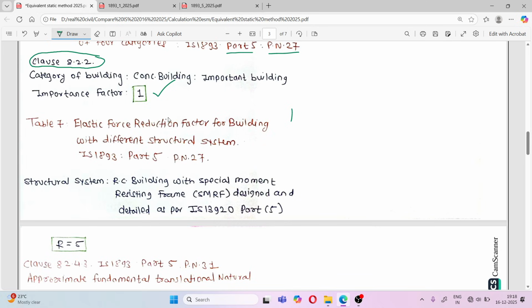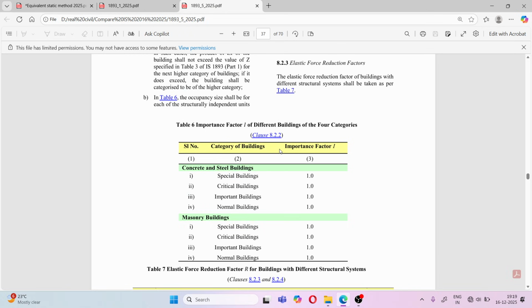Now next, the response, sorry, R value we are going to find. How to find the R value? For that, Table 7 is there, elastic force reduction factor for buildings with different structural systems, IS 1893 Part 5, page number 27. On the same page you will get it, so this is Part 5.